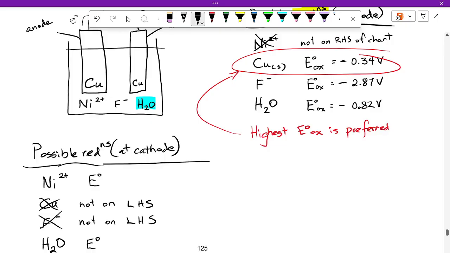This time, which potential are we going to look at? Oxidation or reduction? Reduction, so we want the E naught red of these.